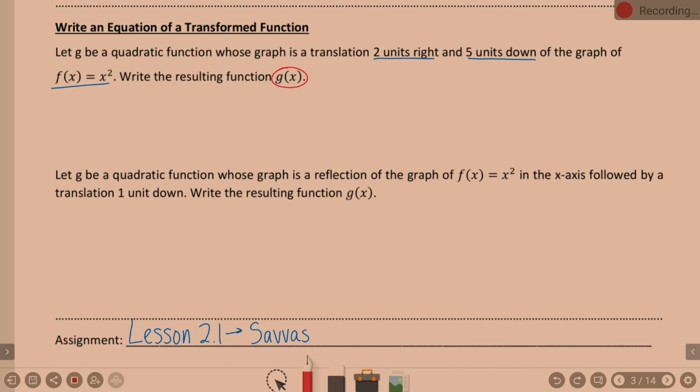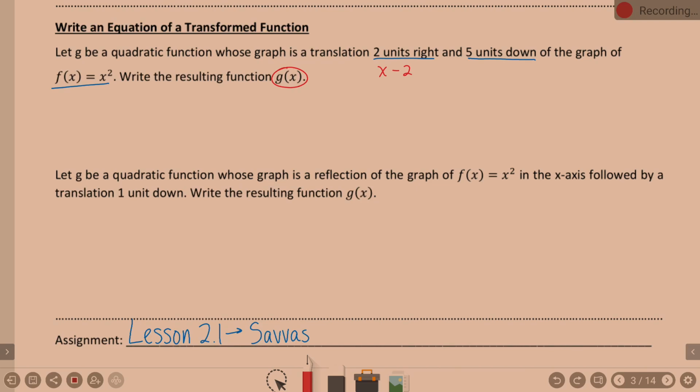How do we show things like 2 units right and 5 units down? X minus 2. Okay. So 2 units right means we subtract 2 from the x, yes? So to do 2 units right, I'm going to have to do x minus 2, right?